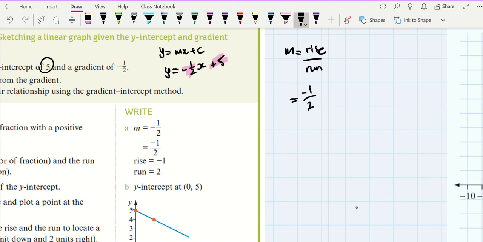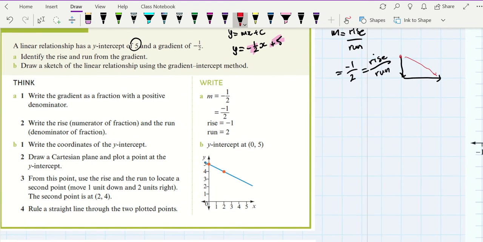So what does this mean? We've got a negative 1 rise. So that means we go down 1 for every 2 we go across. Does that make sense? So if I go down 1 and then go across 2, the slope of my line will look something like that.